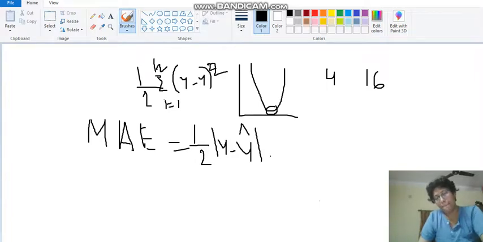Okay, and here there is also a disadvantage. The graph of the mean absolute error takes time because it calculates the gradient sub-gradient wise.